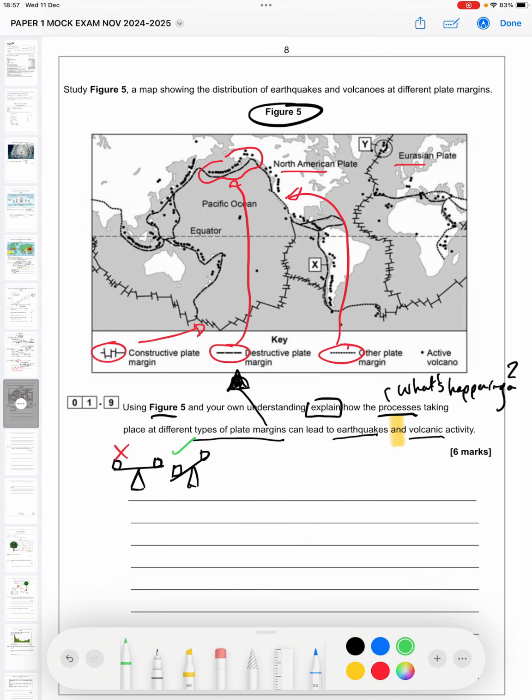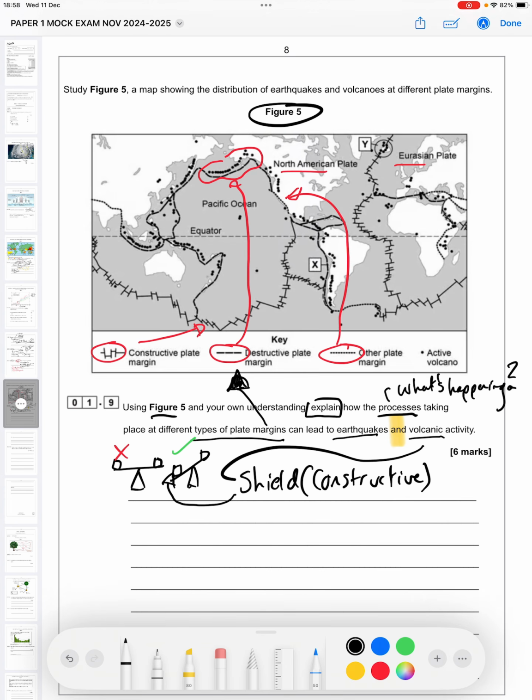You've got to include the figure. Now that is easy here. So let's say you're quite confident with shield volcanoes. So you are good with shield volcanoes at constructive margins. If that's where your confidence is, then that can be your really weighty bit of the answer.